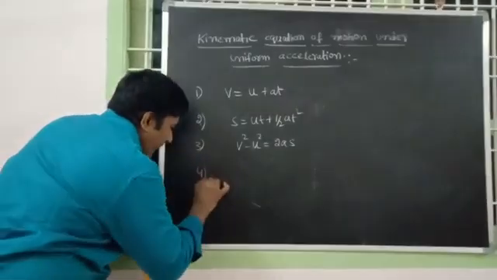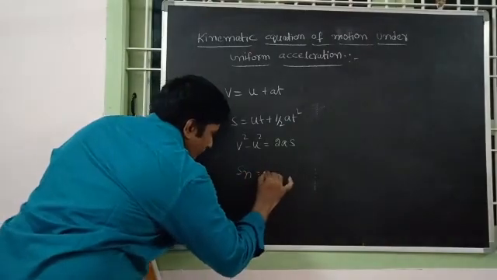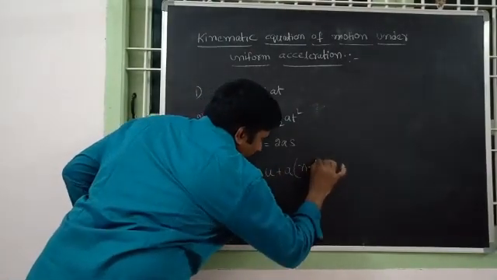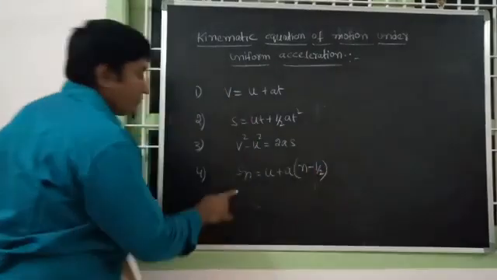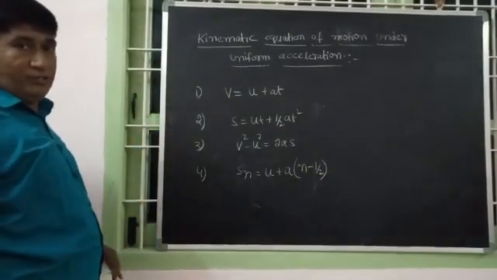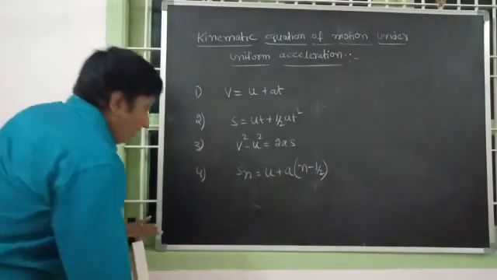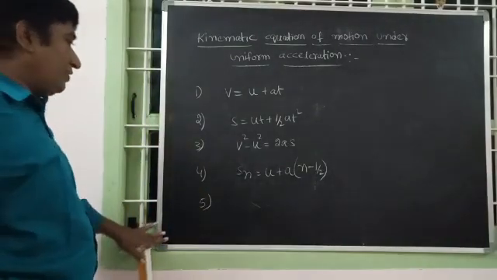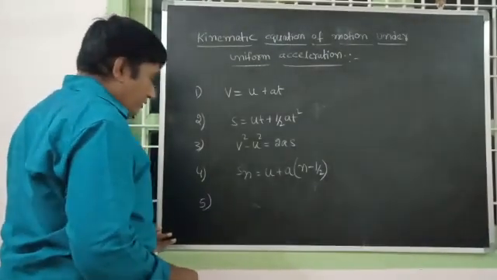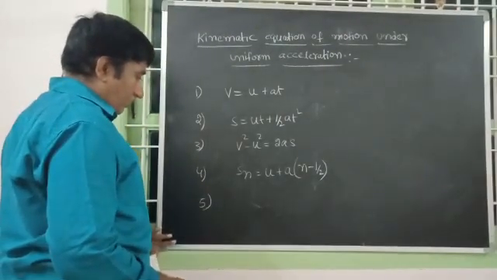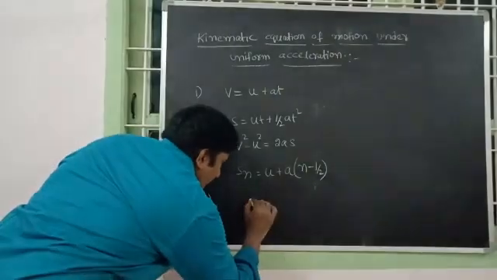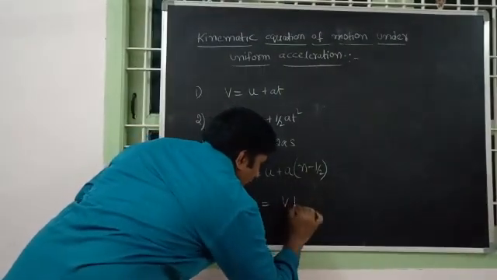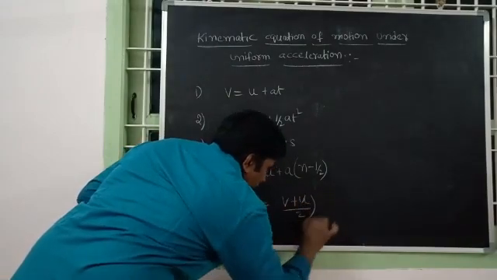The fourth one, Sn is equal to u plus a into n minus half. This is for the nth displacement. Then the last one is, sorry, average displacement, s is equal to v plus u by 2 into t.